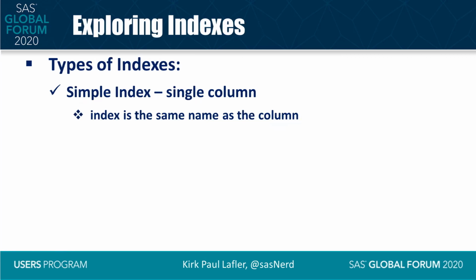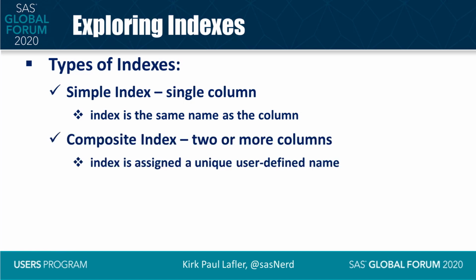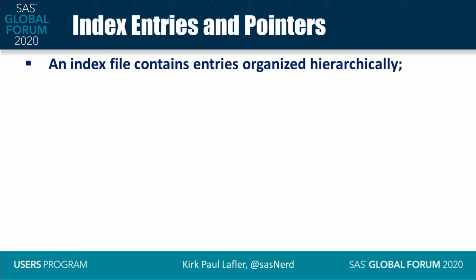There are two types of indexes in the SAS system. A simple index consisting of a single column, where the index name is the same name as the column. The second type of index is a composite index, representing two or more columns. The index itself is assigned a unique user-defined name. An index file contains entries organized hierarchically.